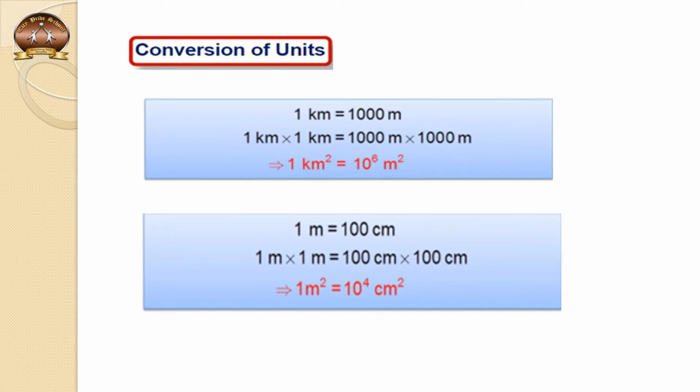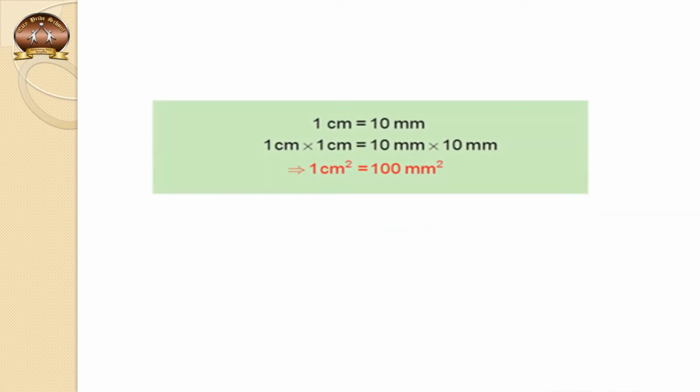Similarly, I can convert 1 meter square to centimeter square. In this case, I get the answer as 1 meter square is equal to 10 raised to 4 centimeter square. Now let us convert 1 centimeter square to millimeter square.